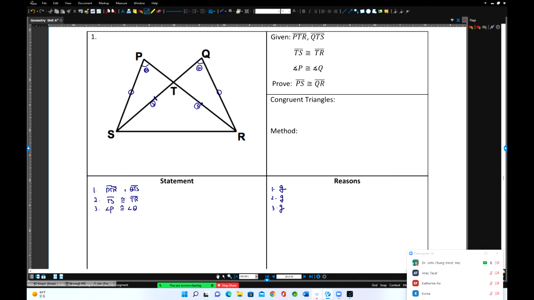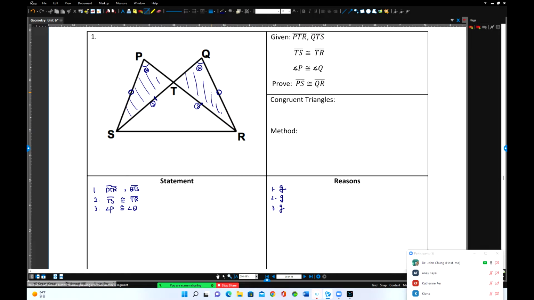Anyway, we need to find that these two triangles are congruent. These triangles are congruent because these two sides are corresponding sides. If these triangles are congruent, each corresponding side is also congruent. That's our goal.